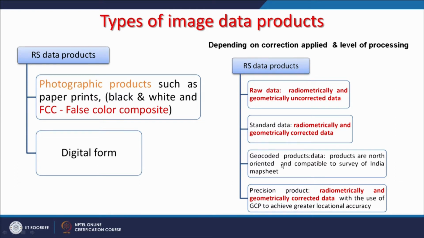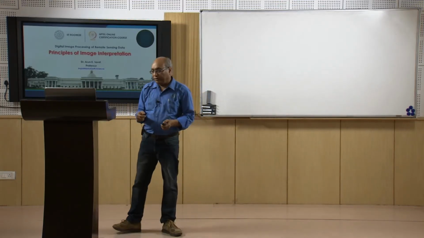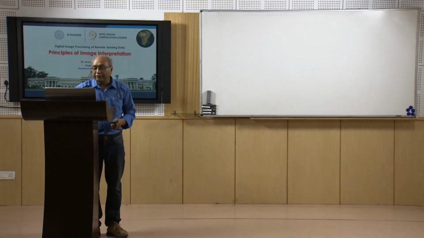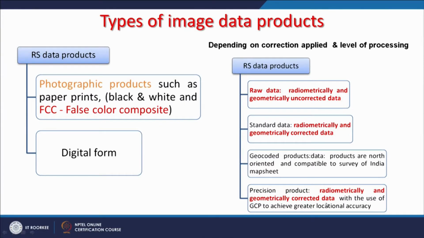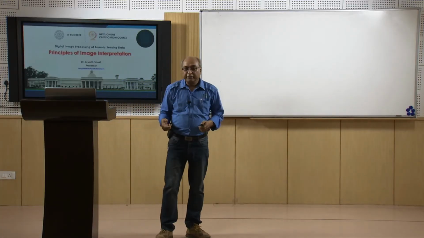Geocoded products are those in which geographic coordinates have been added, that means they are georeferenced images. Standard data products are where radiometric and geometric corrections have been performed. Precision products are radiometrically corrected, geometrically corrected, and have geographic coordinates, using GCPs, ground control points, from a library.